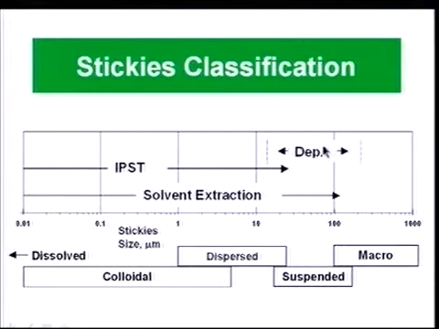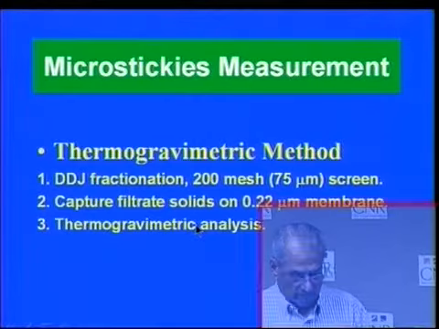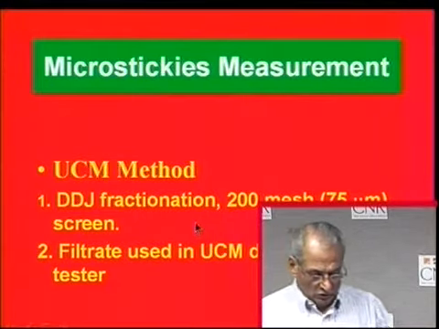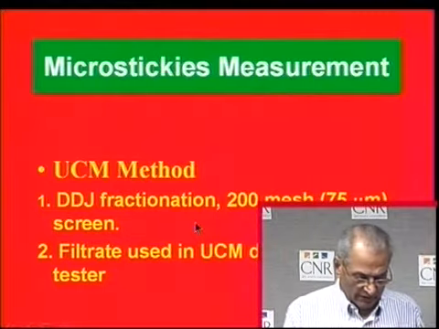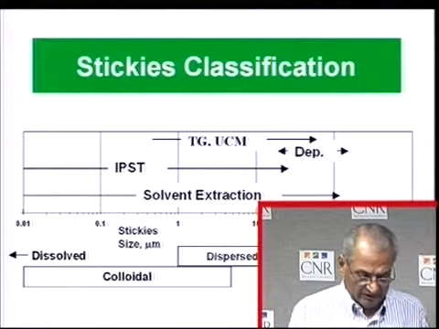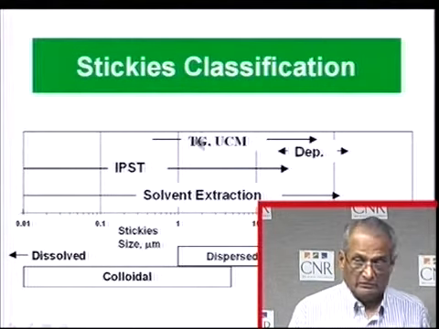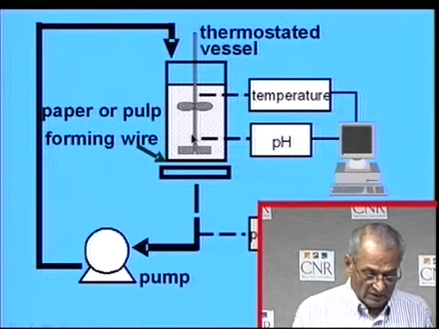So here we see 3 different methods: deposition method, IPST method, and solvent extraction method, covering different regimes of microstickies concentration. And we won't go into the thermogravimetric or UCM method, but they again cover different regimes of the microstickies.